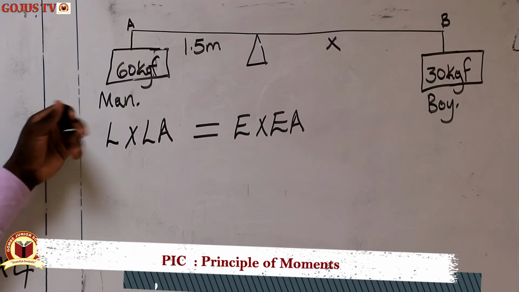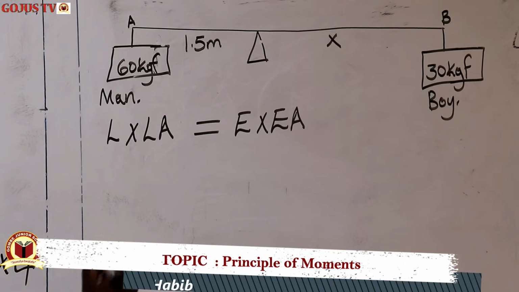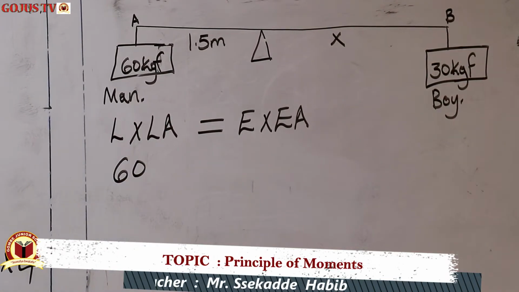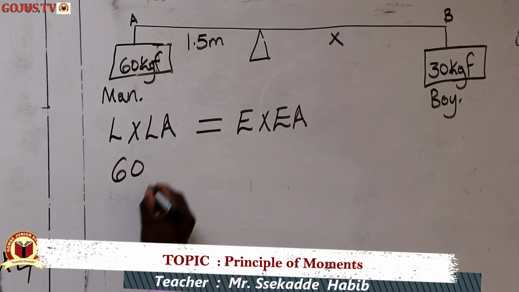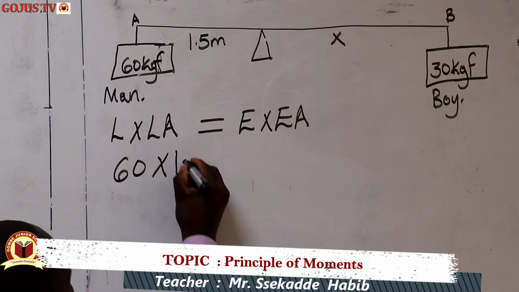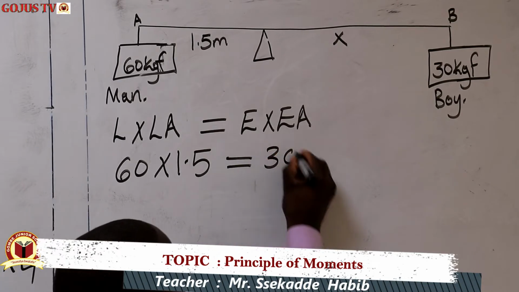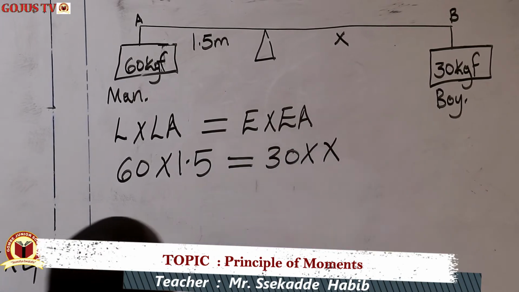Like we've said, the load is always heavier. We shall have 60 kilogram force, but we may neglect the units for the beginning, times 1.5. This should give us 30 times x.